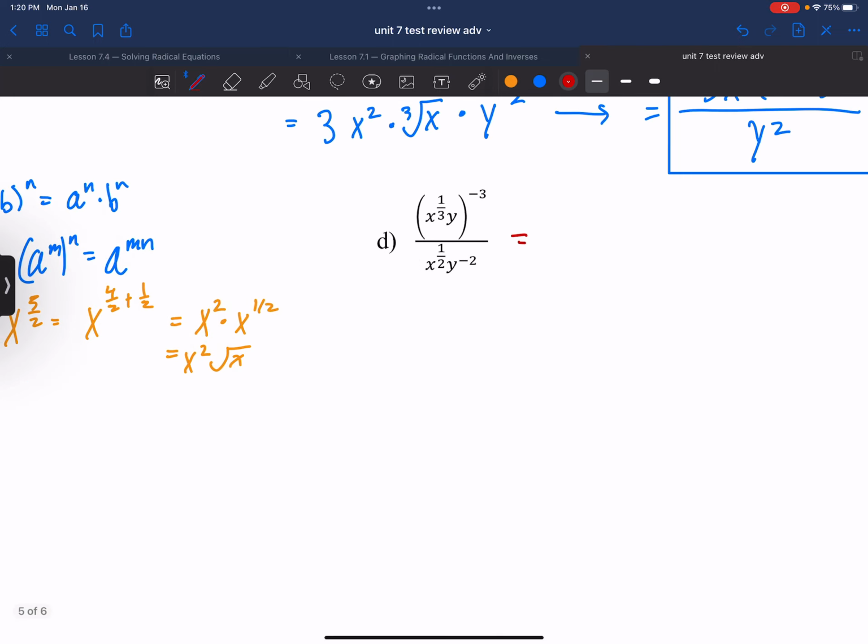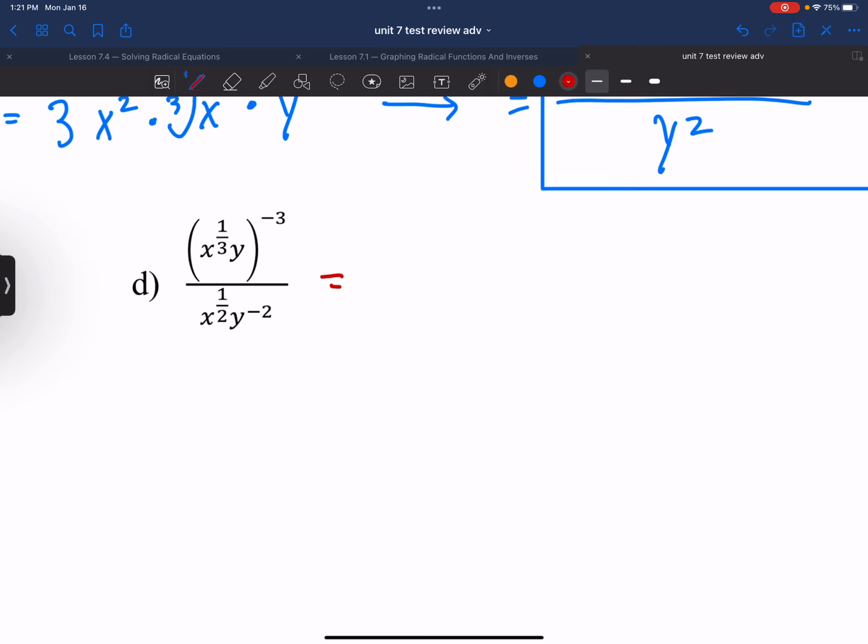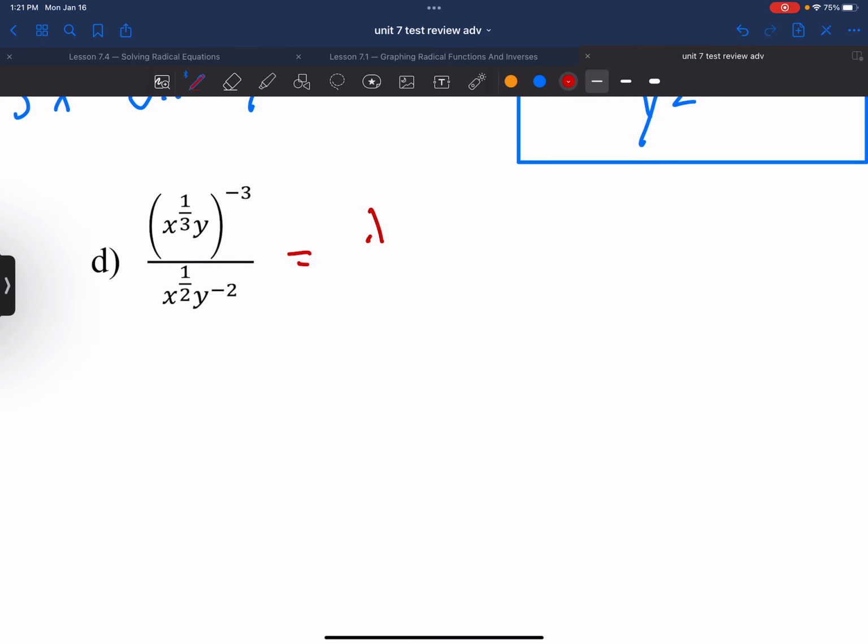This is going to use a combination of both of those two rules. So the numerator is going to be x to the 1/3 to the -3, and then the y to the -3, over x to the 1/2 y to the -2.